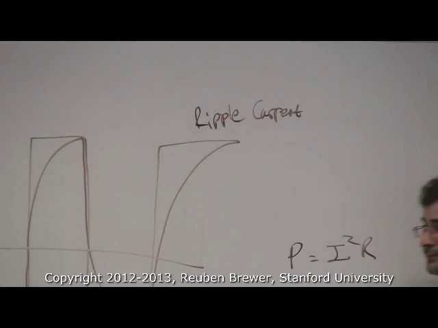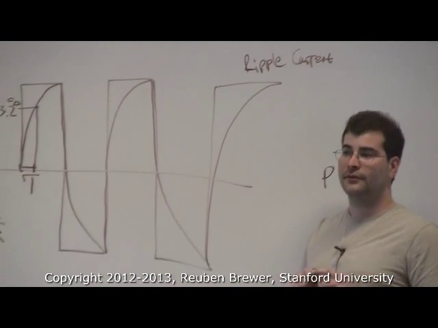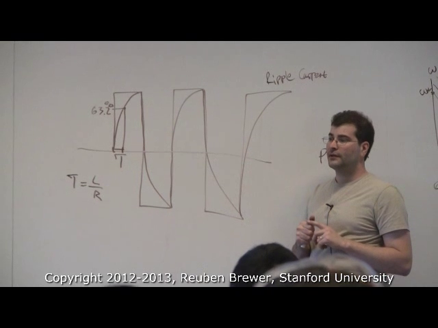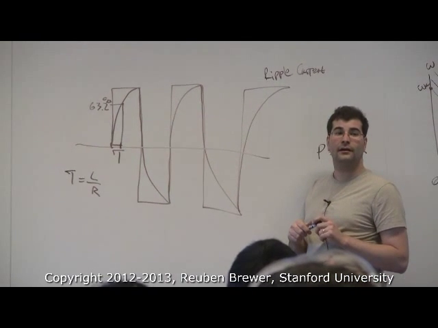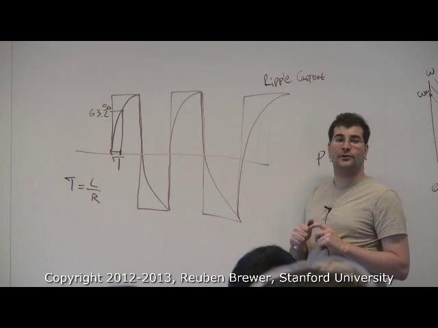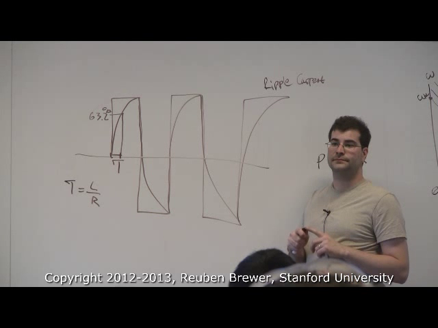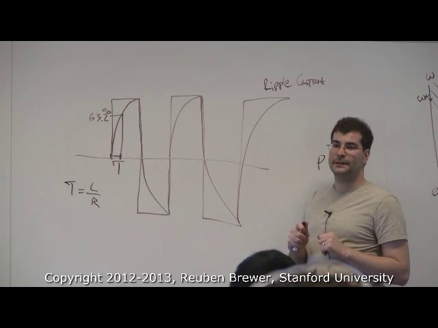So what do you think we could do to minimize this ripple current based on that time constant? You have a motor. What can you do to that motor with electronics? Analog electronics?